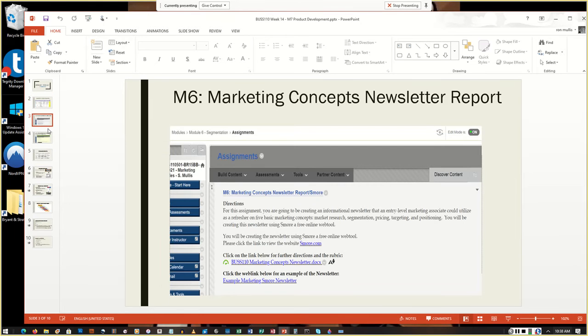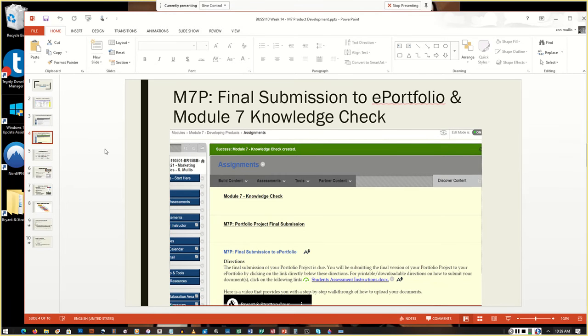So as far as the assignments that are due, this is Module 6. That's the newsletter report. You go into Blackboard for this class, go to Modules, Module 6 segmentation assignment, and it's in the assignments area. As far as the Module 7 project or the final submission, you're going to submit that portfolio project to ePortfolio as well as Blackboard.